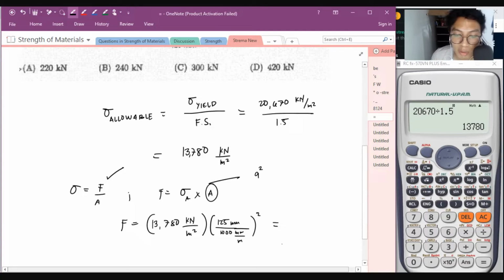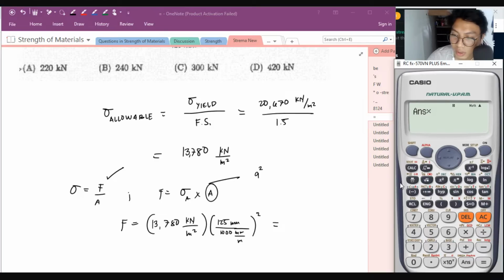So, the allowable force will become 13,780 times 125 divided by 1,000 squared. The answer is 215.3 kilonewtons.